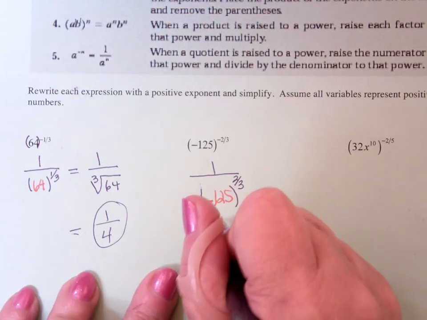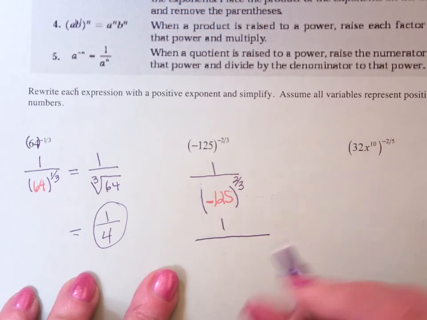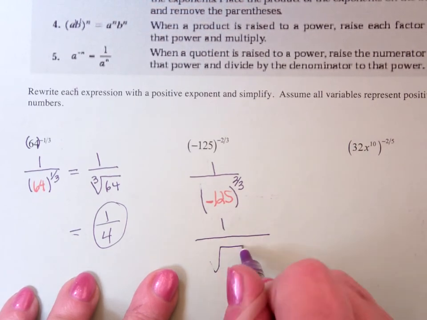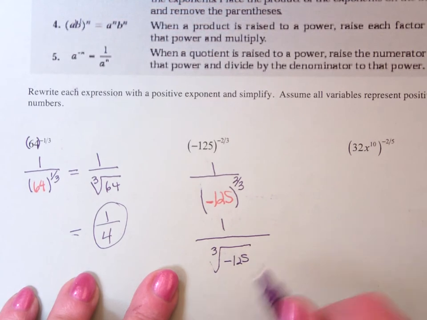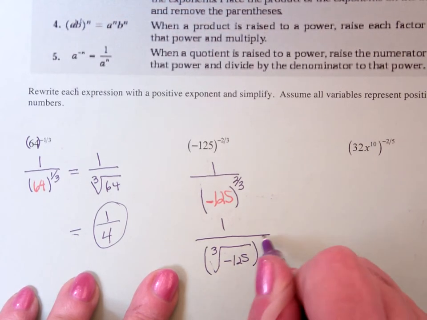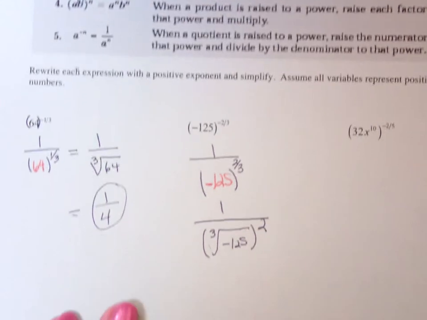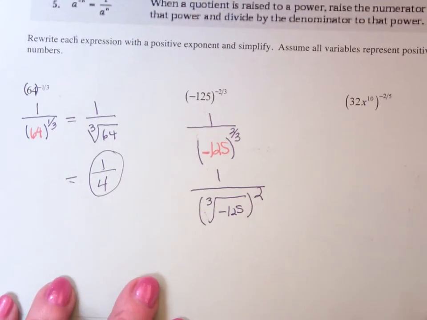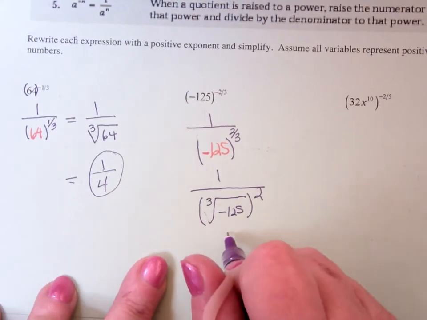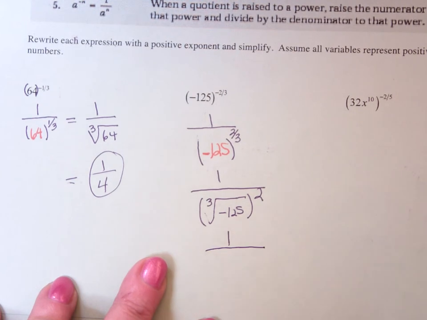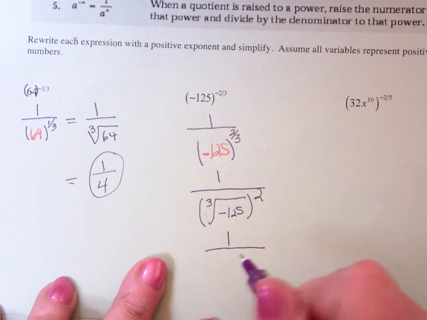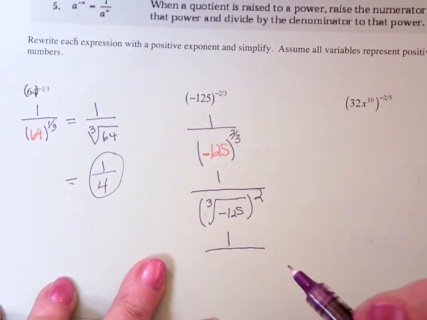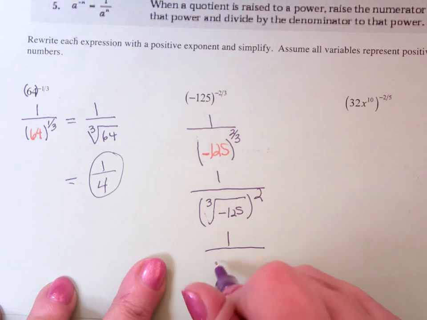Now, this is what we did previously. I rooted first, the cube root of negative 125, and then I'm going to power it. So this becomes 1 over, what's the cube root of negative 125? Negative 5.